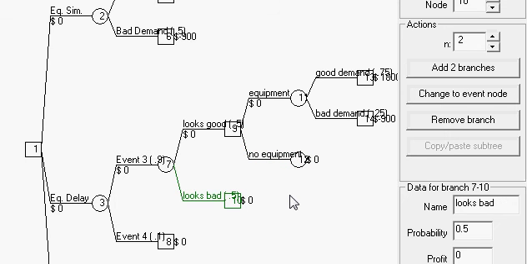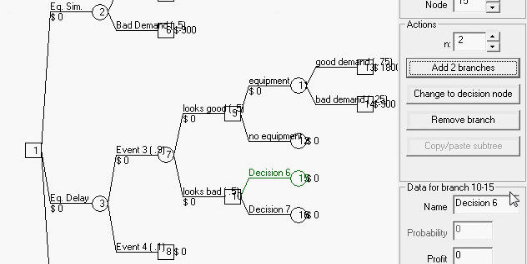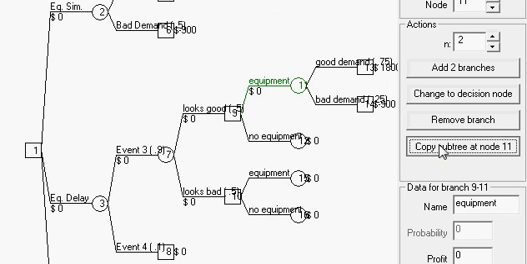We need to go back to looks bad though. So now if it looks bad, we have a choice. We can do the same thing, right? Either equipment or no equipment. If we elect to build the equipment, we get the same outcome as here. So I'm going to copy that tree and paste it here.